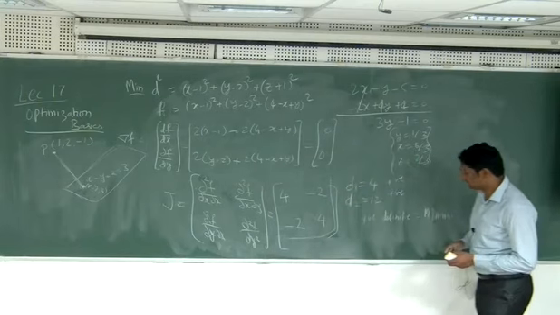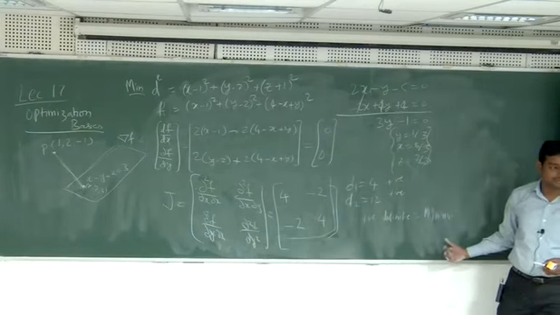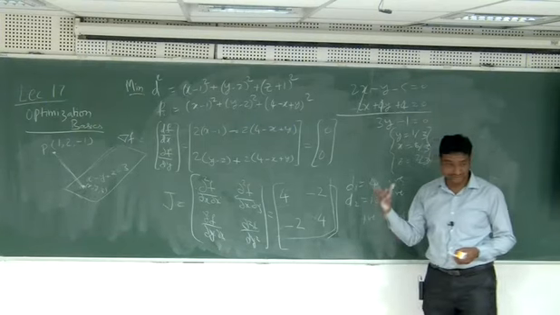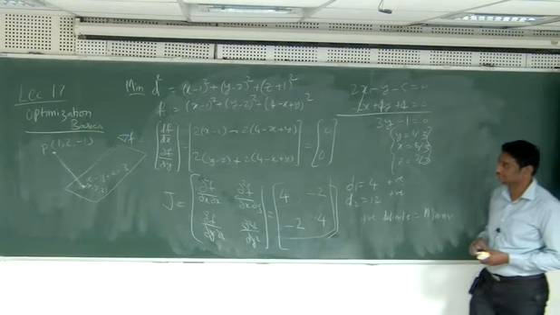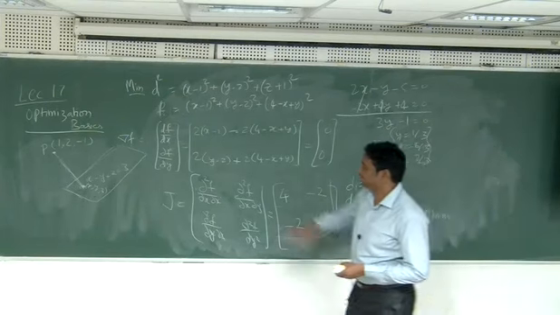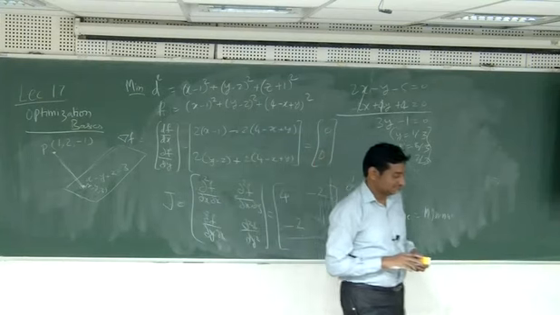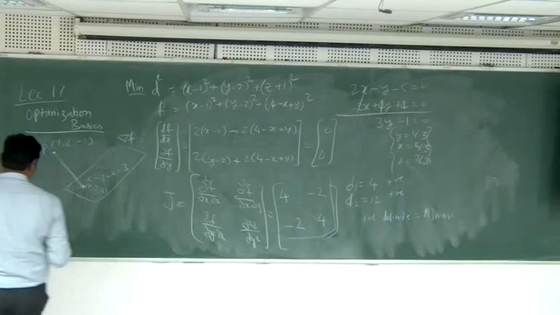Okay. So if all of them are negative, then it is negative definite. That means the point is the longest distance. I mean for a different function, for a different problem. You can think about something like this.